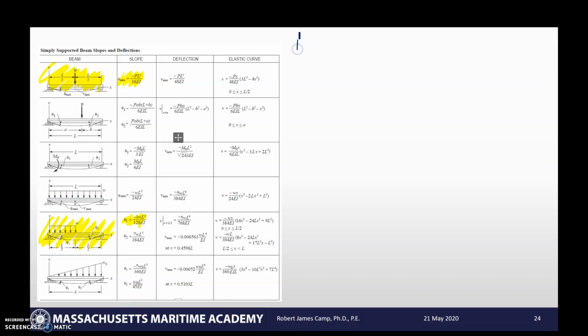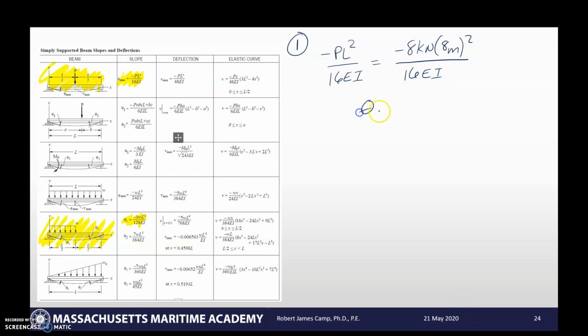So if we look at situation 1, which is our concentrated load, it's negative PL squared over 16 EI. So negative, 8 kilonewtons, and the length is in meters, 8 meters squared, divided by 16 EI.